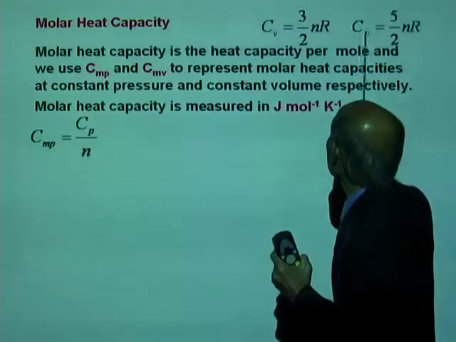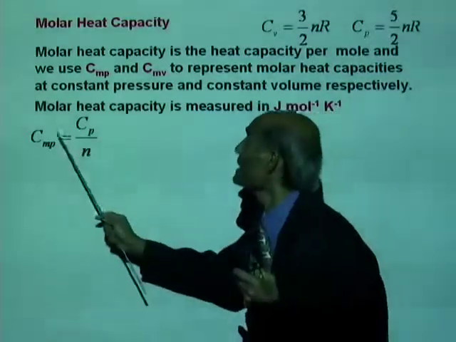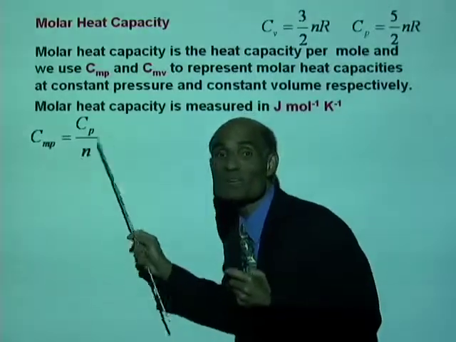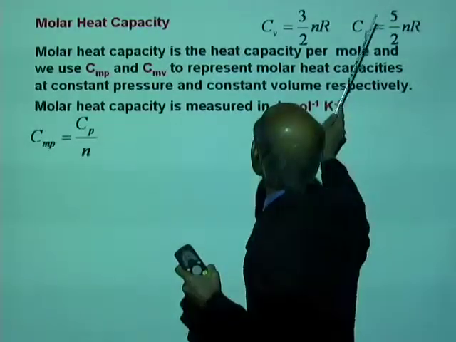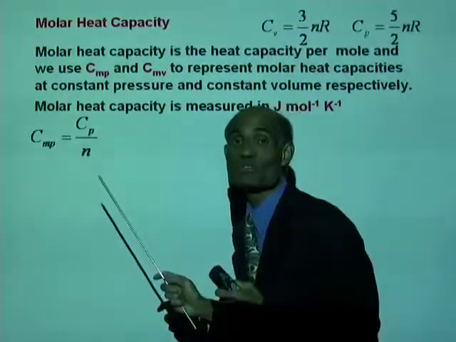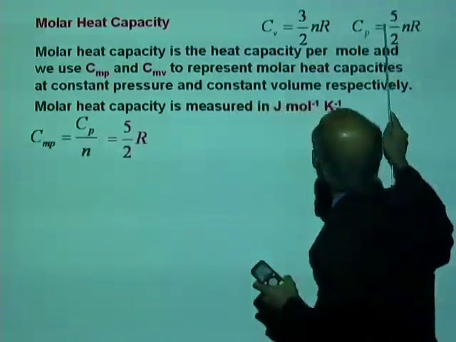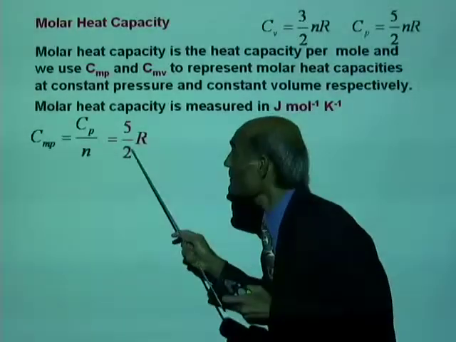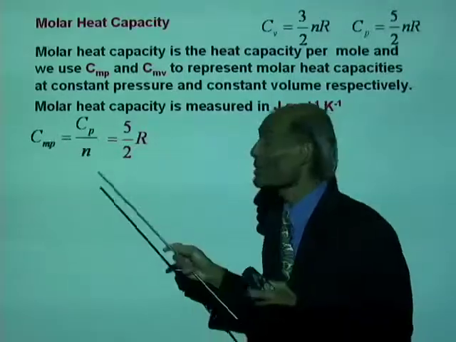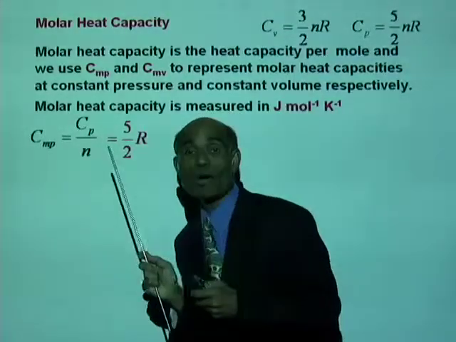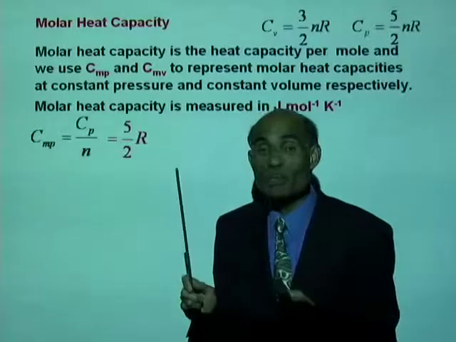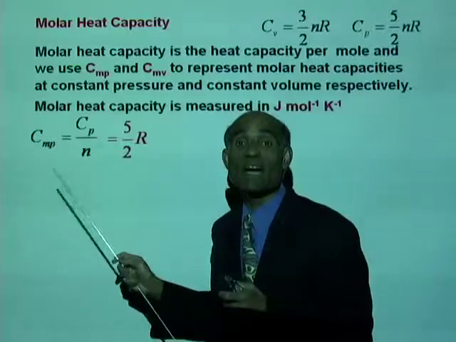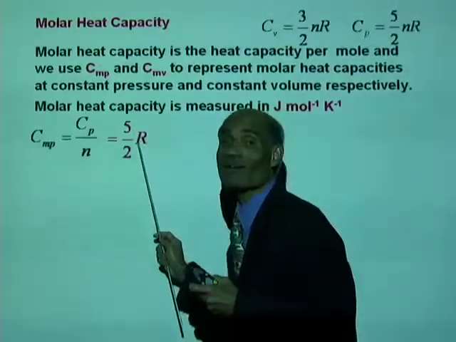In other words, Cp divided by n is Cmp, and Cp equals 5/2 nR. So what do you get if you divide 5/2 nR by n? You get 5/2R. And look at this, the molar heat capacity at constant pressure of any gas is 5/2R.